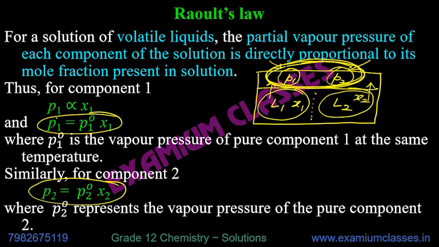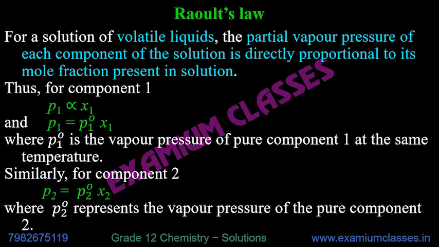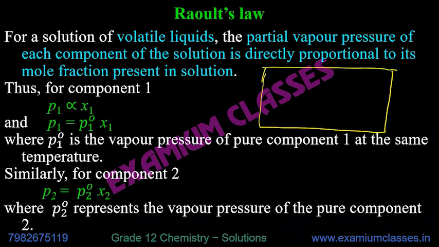That's what Dalton said. In simple terms, don't think it is something complex chemistry, nothing complex here. It says that in a mixture of two liquids, P1 is pressure due to vapors of L1 and P2 is pressure due to vapors of L2. That is what this law is talking about.